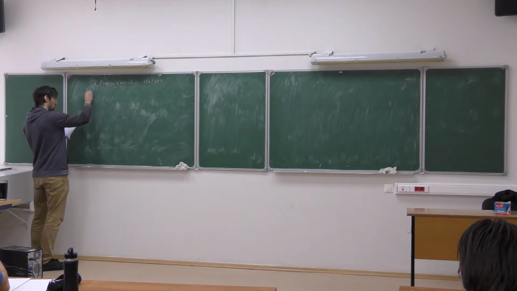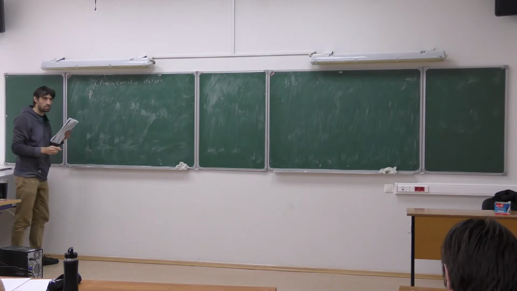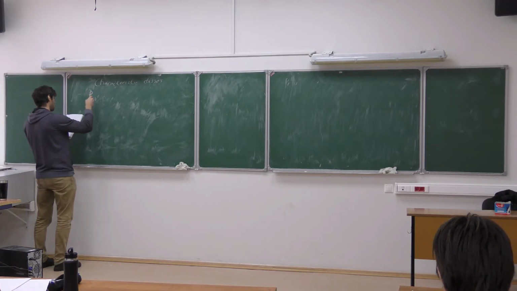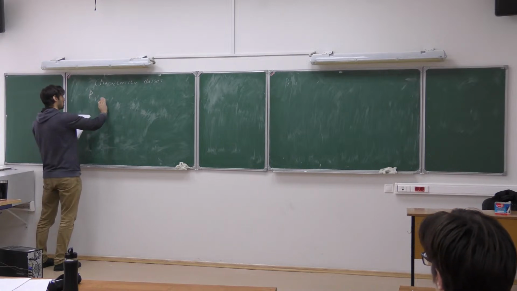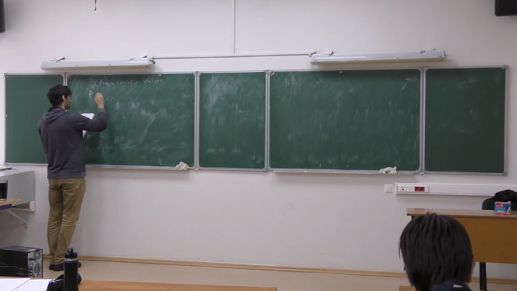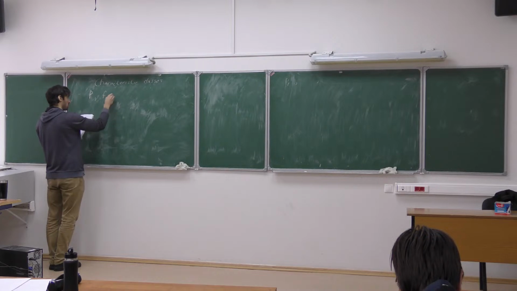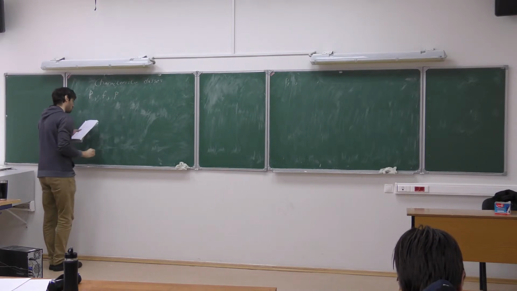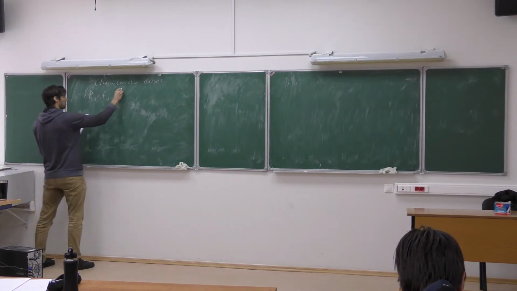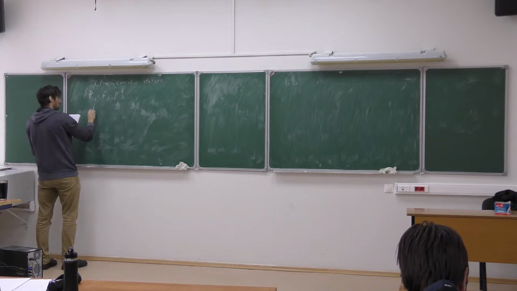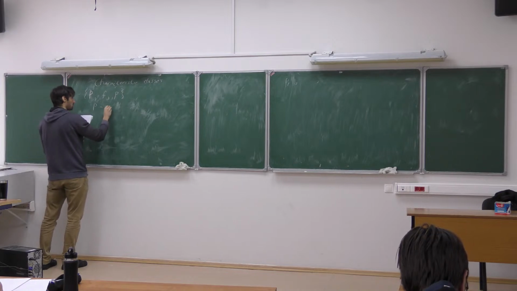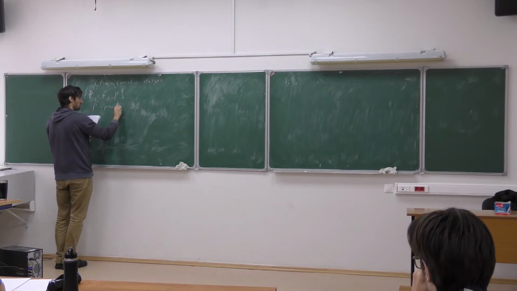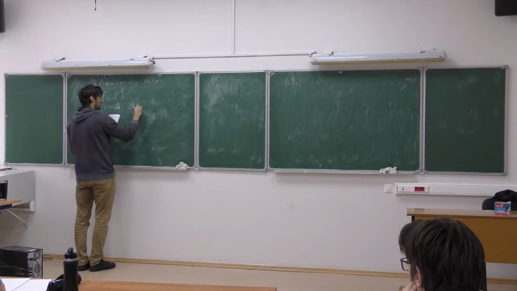If I have a principal G bundle, I have the following data: principal G bundle, some map, and a representation. So, as I said, P is principal G bundle.